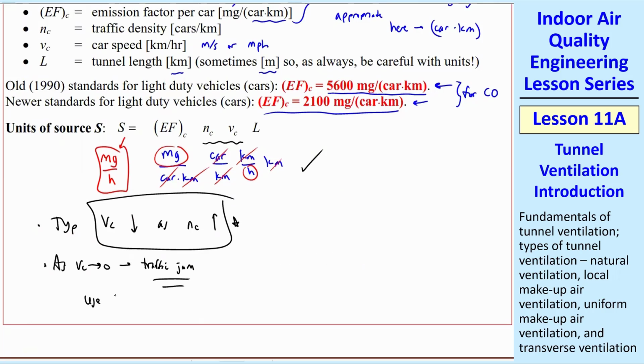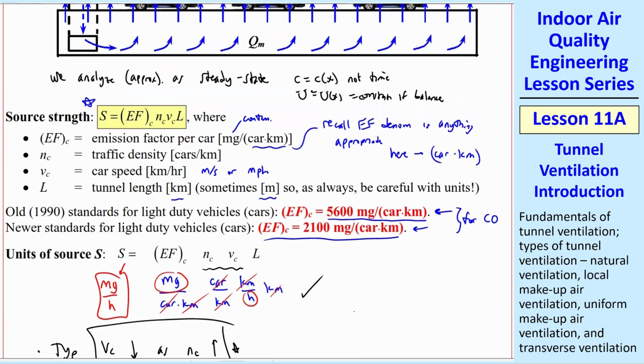For that case, use a different EF, EFC in units of milligram per car per hour instead of per kilometer. For that case, S equals EFC, a different EF, times NC times L. There's no VC then. But we are going to use this one up here because we're always going to be talking about normal operation, not a traffic jam.